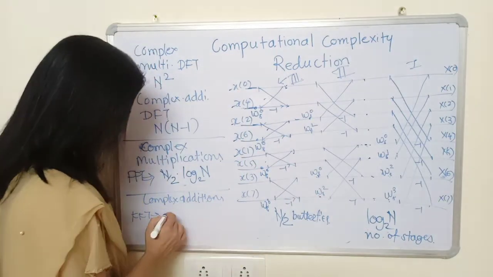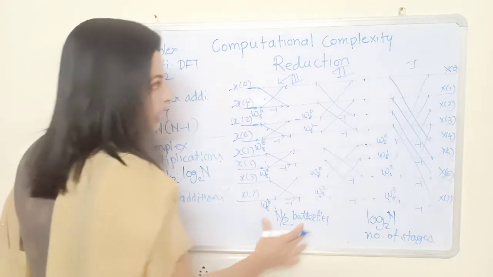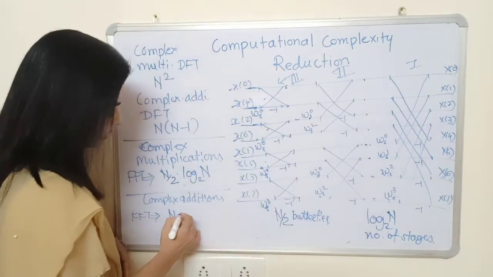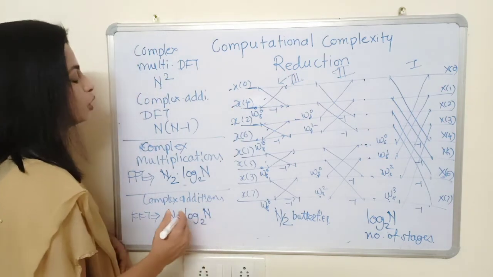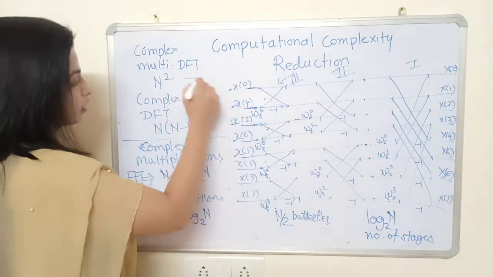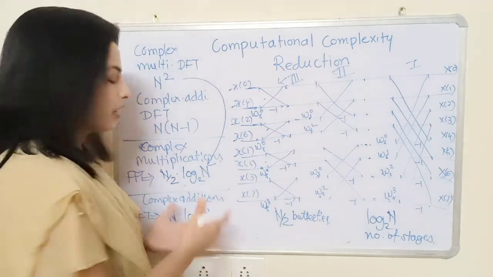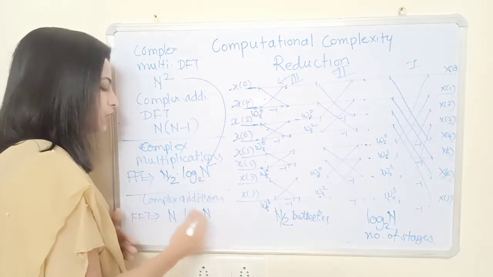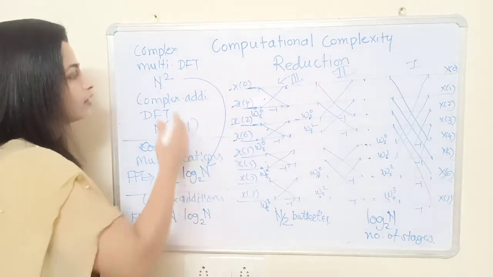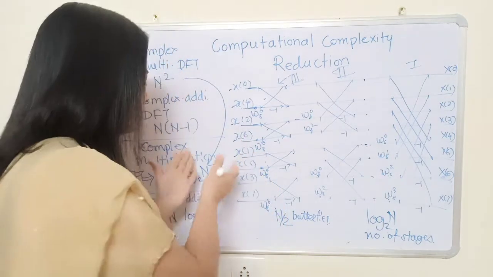So these are n additions for a single stage, and into the number of stages, that is log n to the base 2. So you can see this n square is reduced to n by 2 log n. Because of this log introduced in the formula, the number of computations are reduced to so much less value.